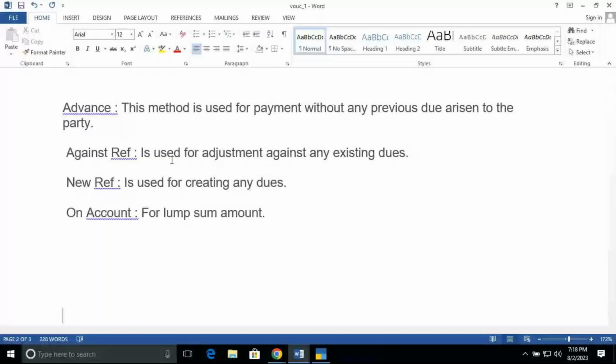So you pay something upfront, without any item being delivered, without any due arising. If you give something upfront, say 5 lakhs, 10 lakhs, as a commitment amount, then you have to give advance reference.